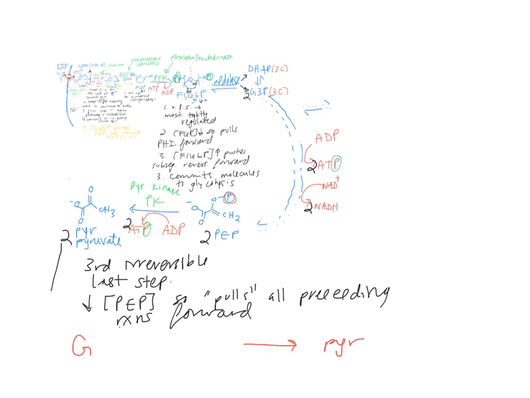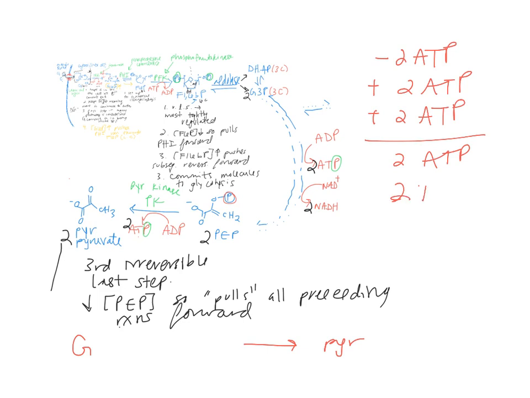I put in, it costs me, so I'm going to do a minus, it cost me 2 ATPs to get this whole thing started. The first one with hexokinase, the second one with phosphofructokinase. I got 2 ATPs back out in those intermediate steps, and then I also got 2 ATPs from the pyruvate kinase step. So overall, I have 2 ATPs. I also got 2 NADHs, so I have 2 of those. And then I got 2 pyruvates out. Okay, so I can write again my overall equation.